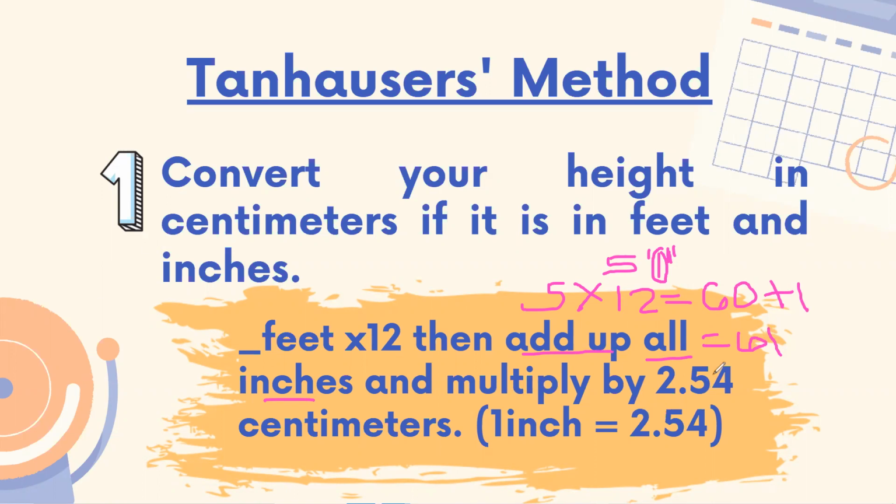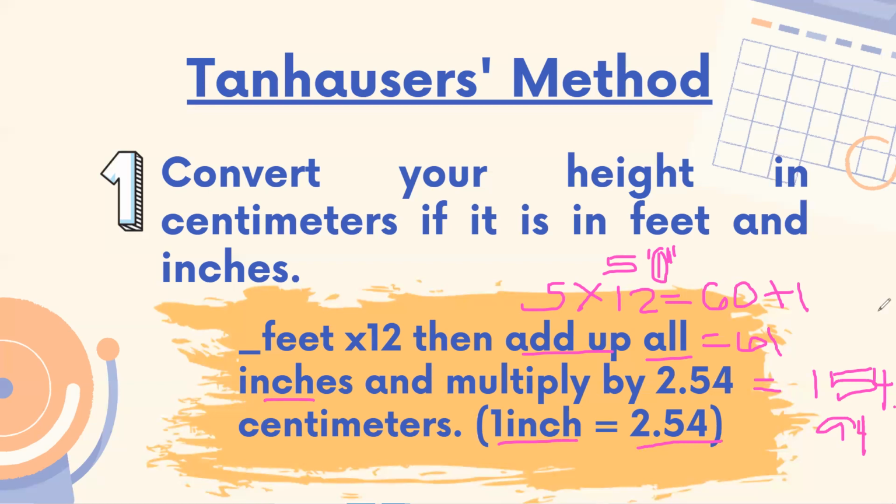And then multiply by 2.54 because in every 1 inch there is 2.54 centimeters. So 61 times 2.54 equals 154.94.